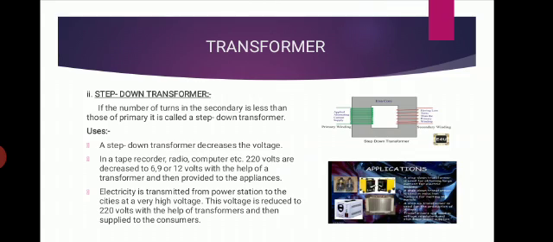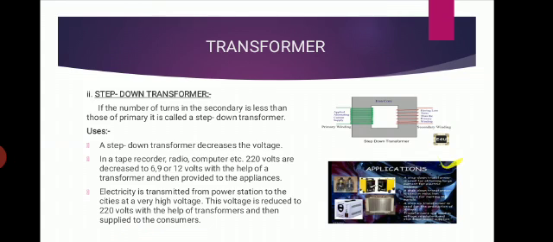Electricity is supplied from the power station to the cities at very high voltage, and this voltage is reduced to 220 volts with the help of step down, and then supplied to the consumers.